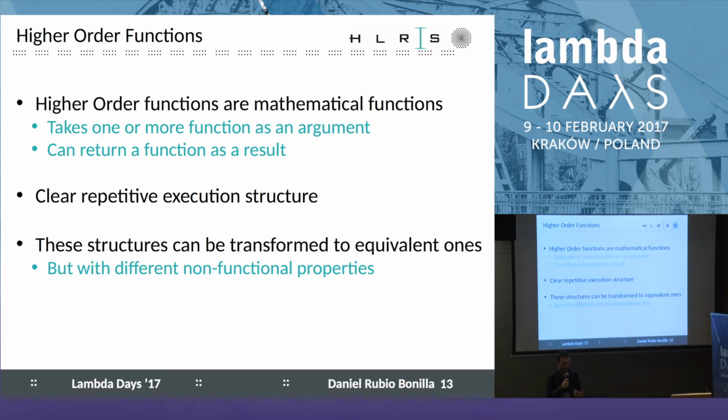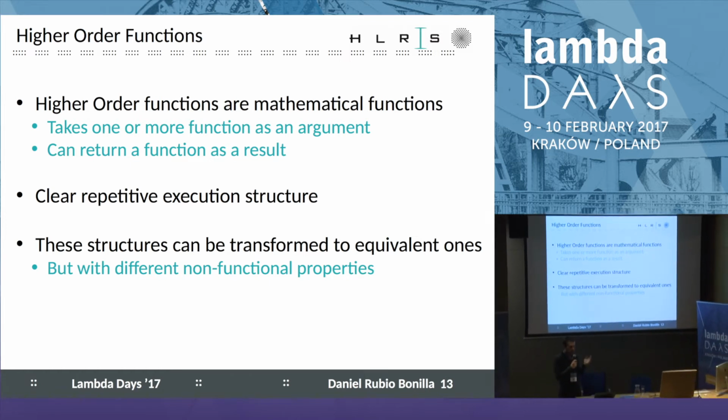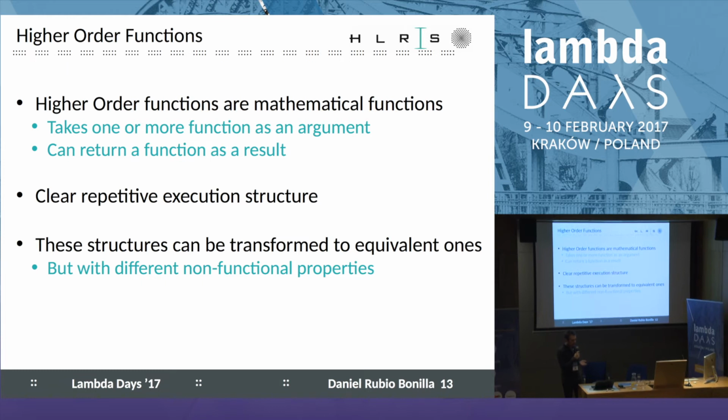Why higher order functions? That's because they have a simple and clear execution structure. They are independent from the operator that is using them, and you can combine them to form really complex structures.